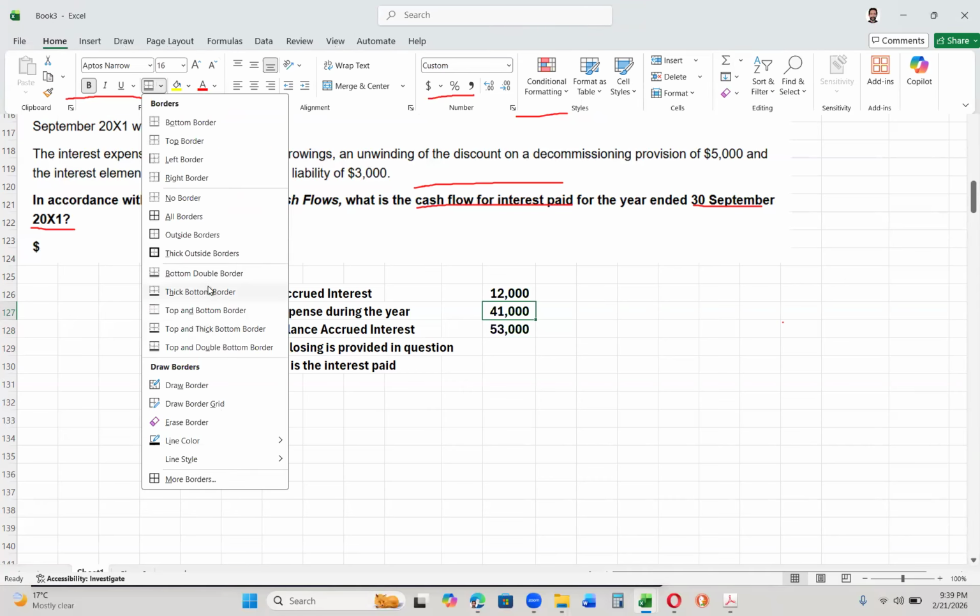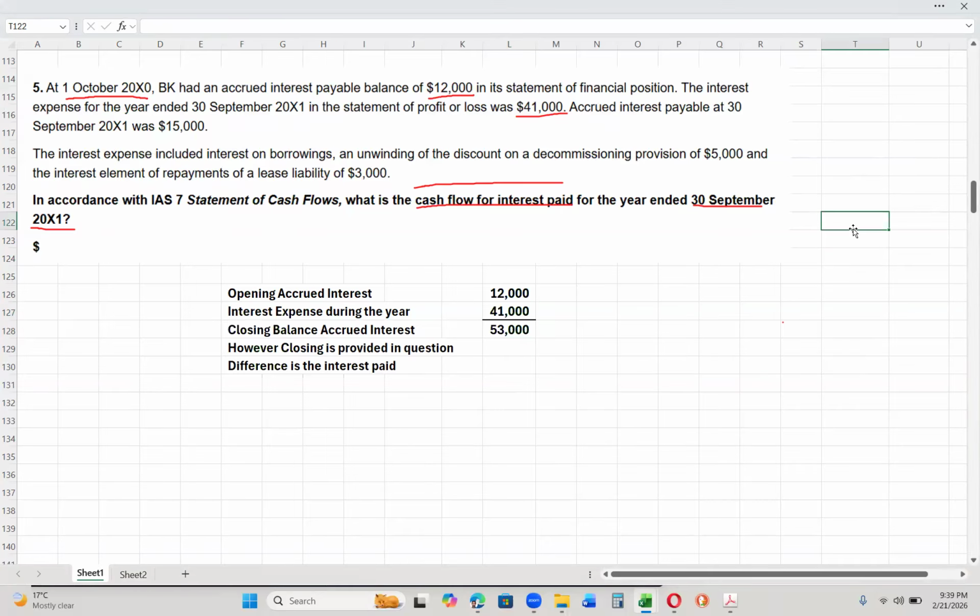Now the question tells us that they have a different balance. The accrued interest payable at 30th of September 20x1 was only 15,000. How is it possible? We calculated a balance of 53, however the closing balance provided in the question is only 15,000.